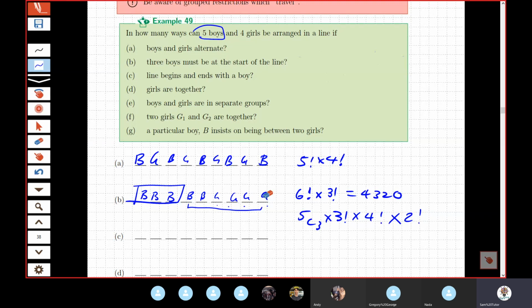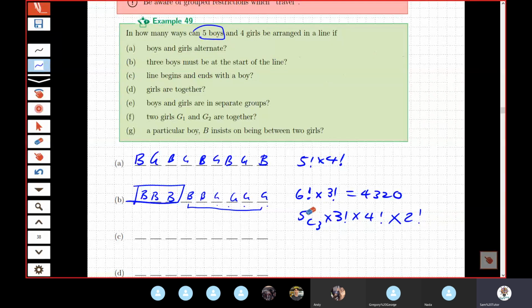Hold on, I'll get it out. Give me a second. I'm just going to see 6 factorial working out. 5 choose 3, because you've got 5 boys. You're choosing any of the 3 to go here. The other 2 are automatically going to sit in these 1, 2, 3, 4, 5, 6 positions.